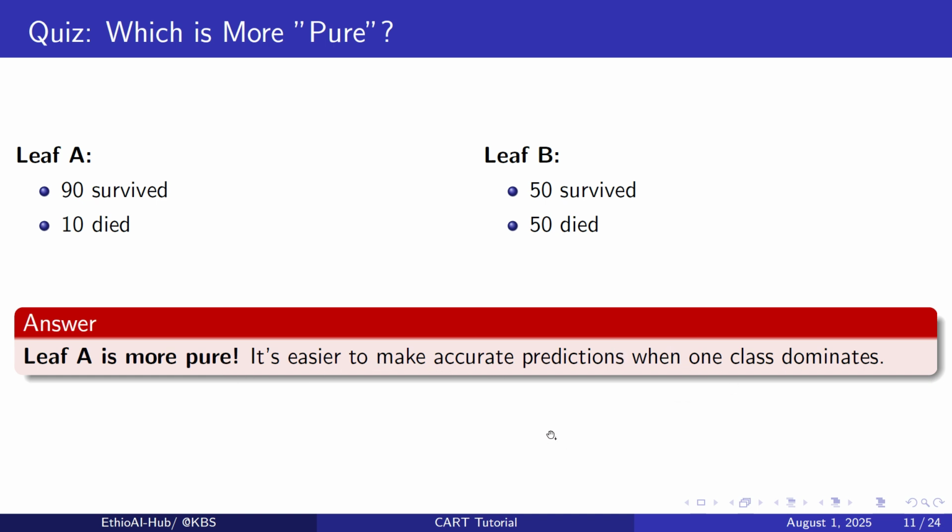So basically in a decision tree we aim to have as pure a leaf as possible at each node or at each leaf.